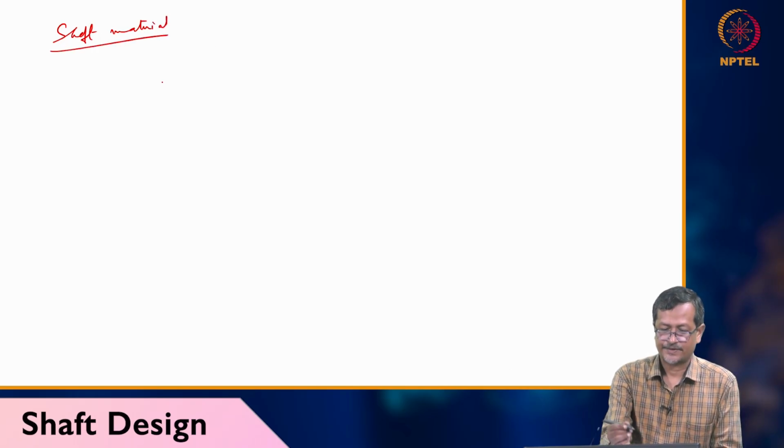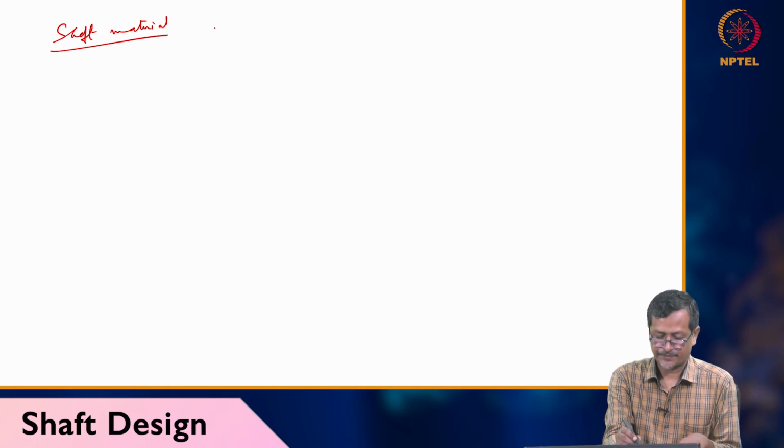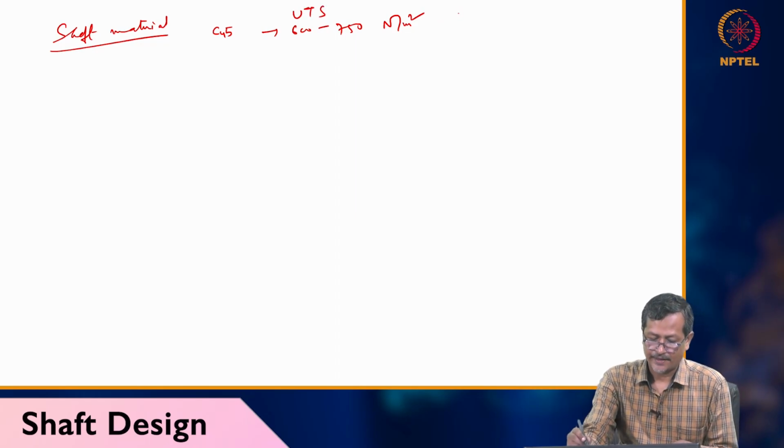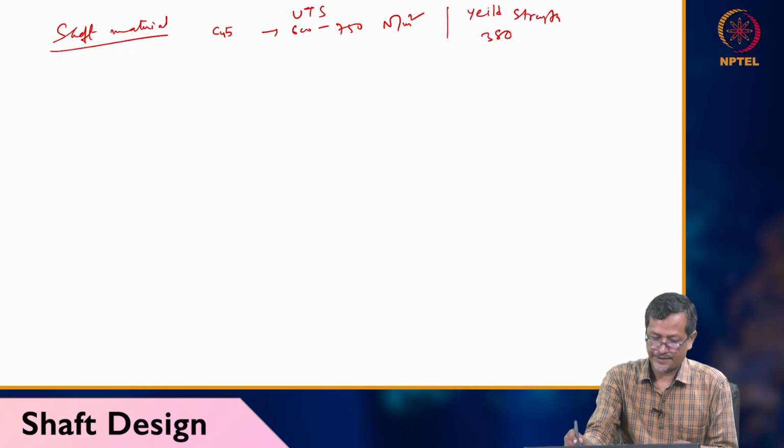Now we have seen shaft material. We have seen there are several types of materials available for shaft. A common shaft material you can remember is C45. It will have ultimate tensile strength, UTS, of 600 to 750 Newton per millimeter square, and yield strength will be 380 Newton per millimeter square.